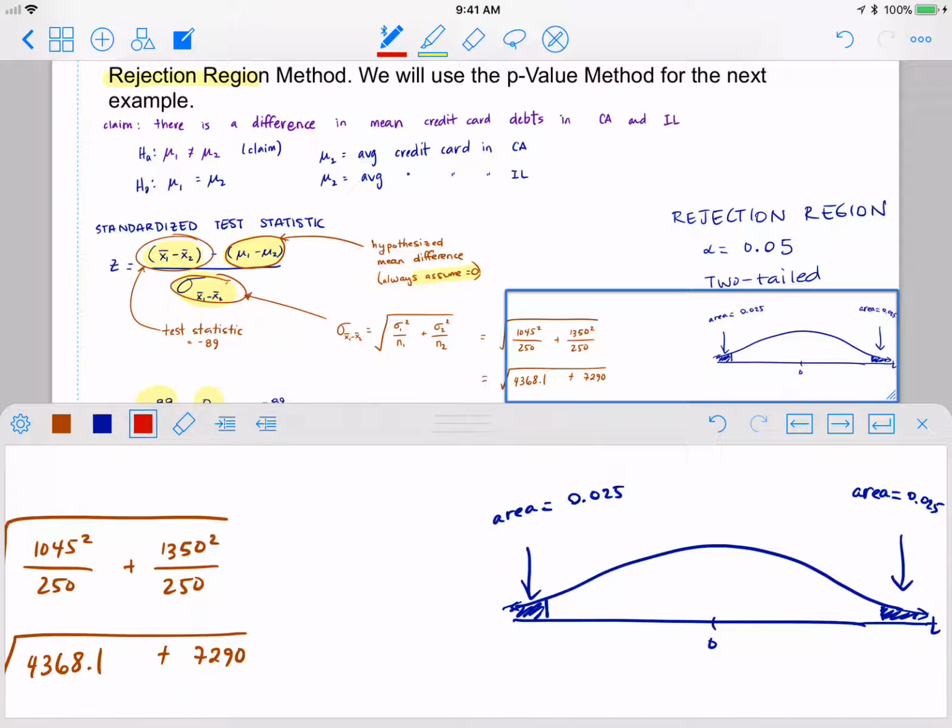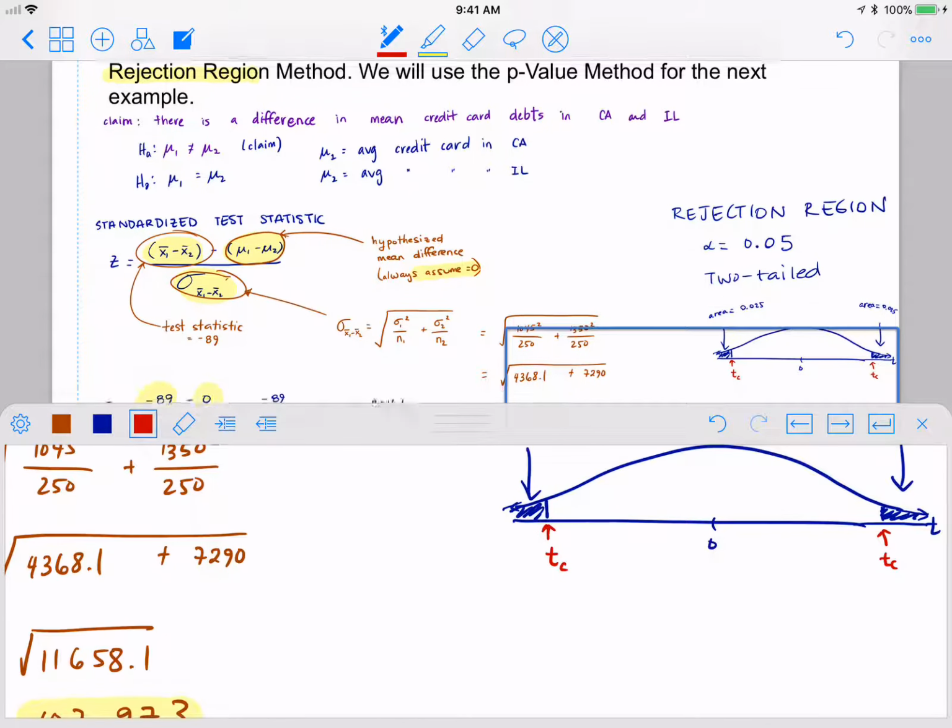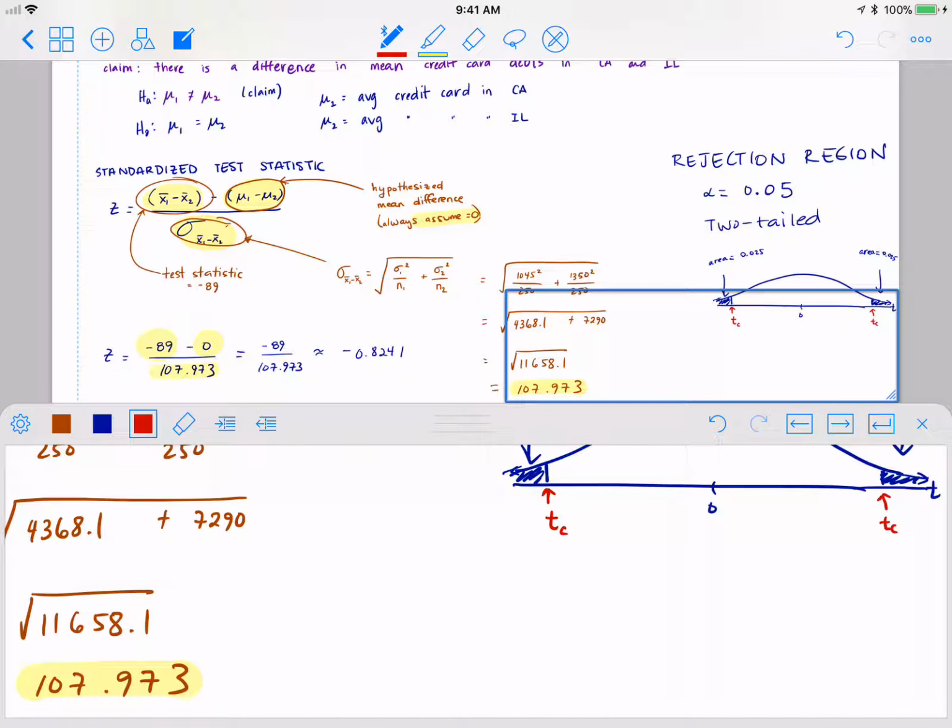Our critical points are going to be whatever these t-values are, or these z-scores. So these are our critical values, TC. And so in this case, to find TC, you can do your inverse T. This is if you have a TI-84.